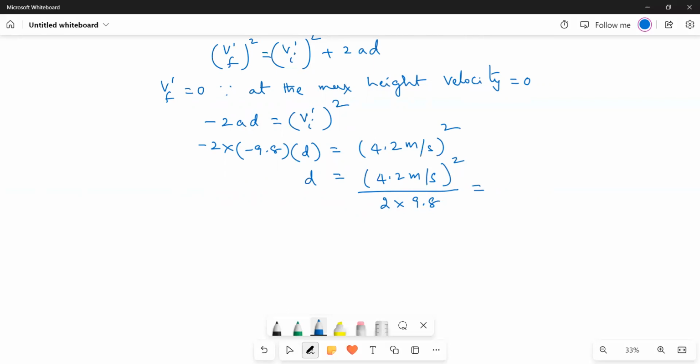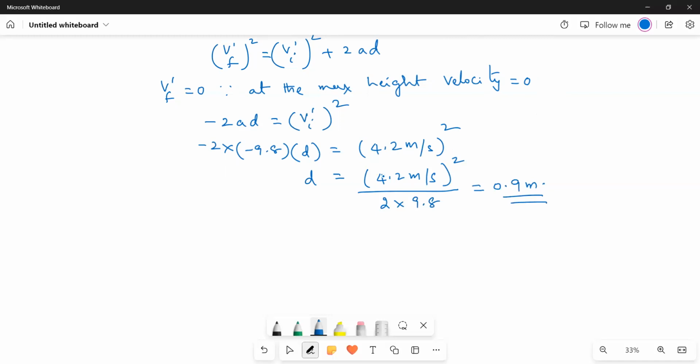Now calculate this one, 4.2 square divided by 19.6, we get 0.9 meters. So the ball will rise to a height of 0.9 meters, because it loses some energy, that is why it will not rise to the same height. It is rising up to 0.9 meters, less than a meter.